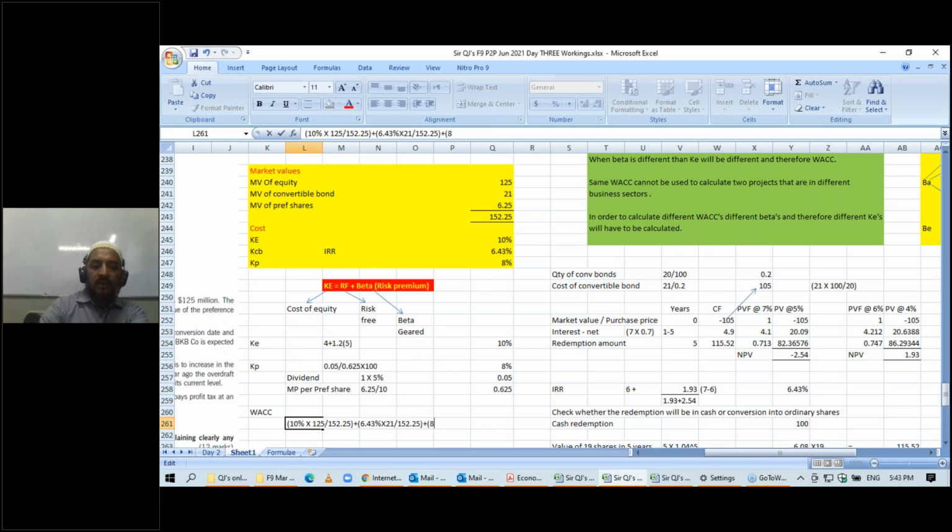the cost of preference shares, which is 8%, multiplied by 6.25 divided by 152.25. Okay, so this gives you the WACC, which is 9.4%.